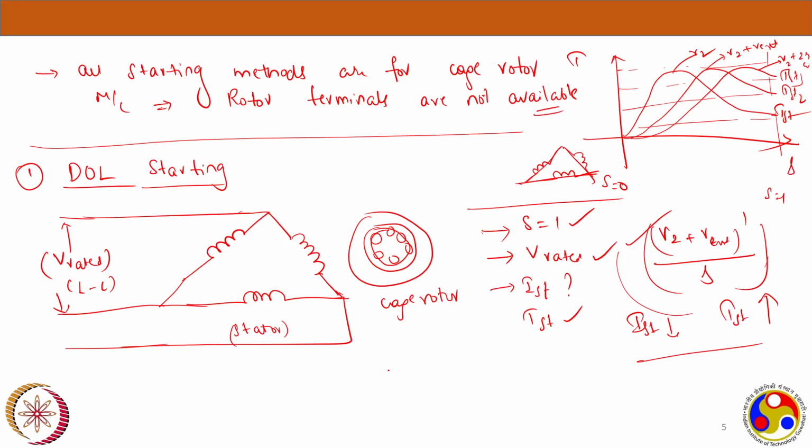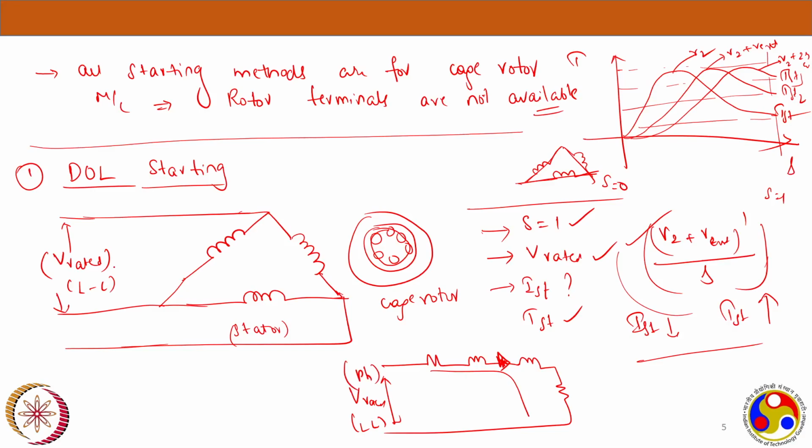So this entire impedance at the starting will be very less. Even though we are applying V rated here, that is line to line, the current flowing in the starting will depend on the starting method, and here the impedances are very less. And one more thing you have to observe is this is a per phase equivalent circuit.